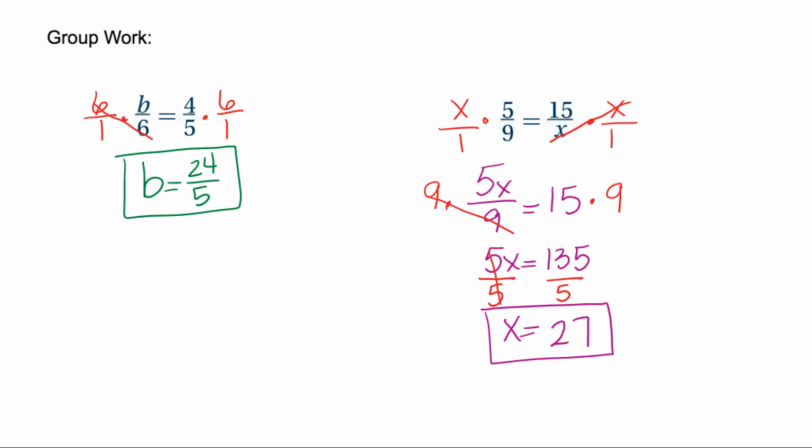The second one, I told you, multiply by the x first to get it out of the denominator. So 5x over 9 equals 15. Then multiply both sides by 9 to get 5x equals 135. And then divide by 5 to get x equals 27.